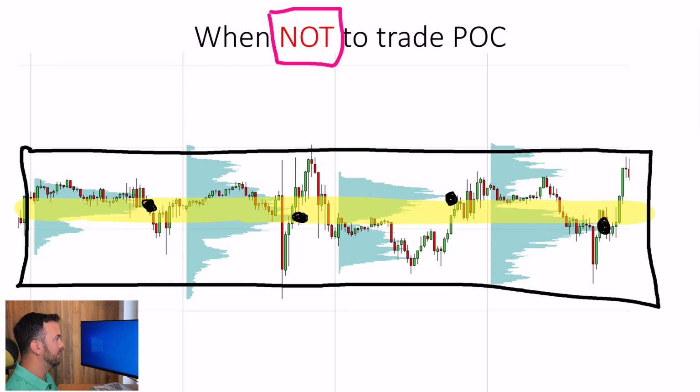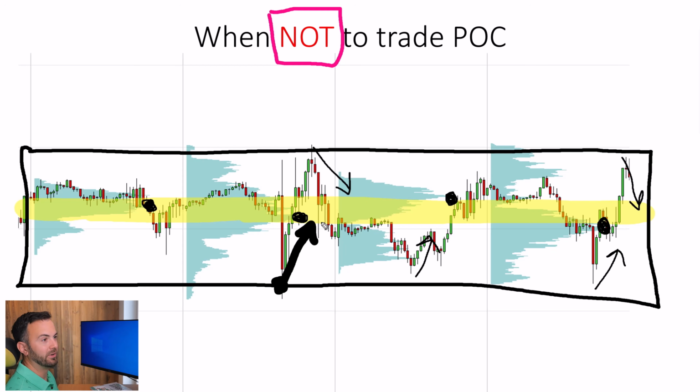And when the market is moving like this, you want to trade from the borders of the rotation, longs from here, shorts from here, towards the center of the rotation. And the center of the rotation, the point of control, is actually a nice place to take your profit. When you are going, for example, long from here, then the point of control is a good place for the take profit, right?